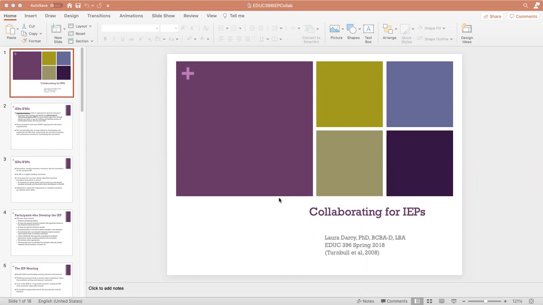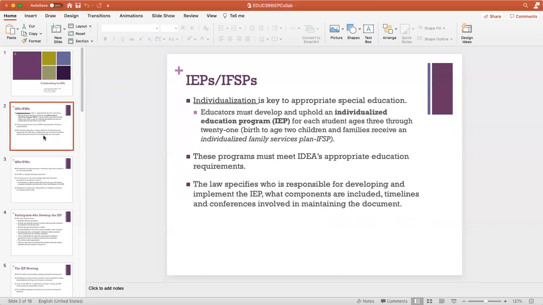The first thing to understand is that there is a relationship between the IEPs and RTI, as we spoke about before, but they are indeed very different processes. The RTI process is governed through the state and local agencies, but it's not governed nearly the same way as IEPs.